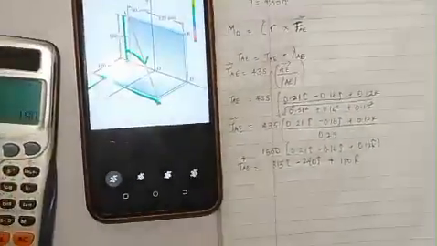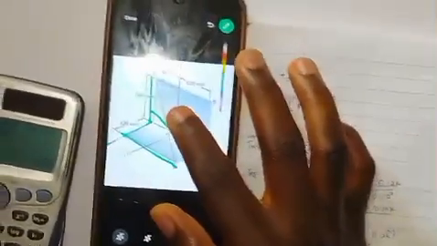Now, as you can see, we've expressed this force in vector notation.